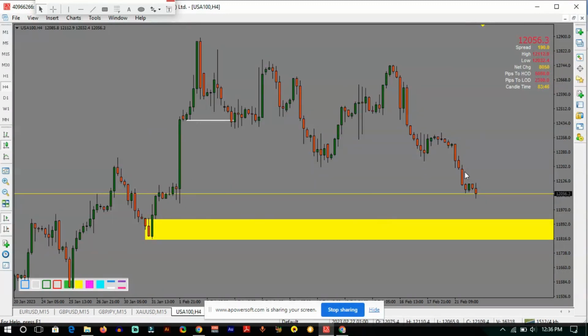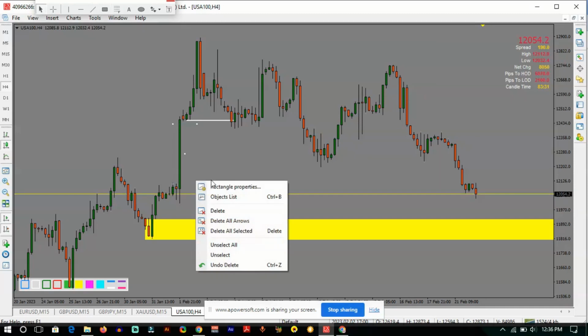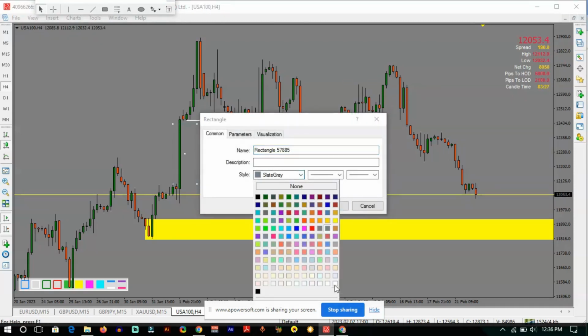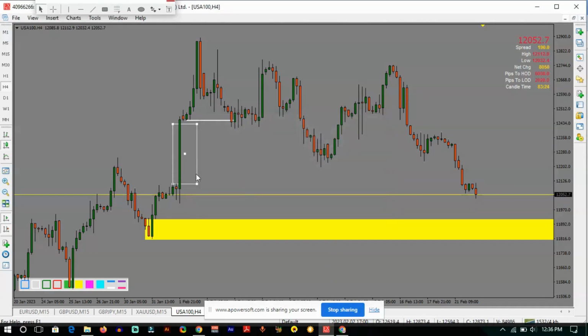So as of yesterday, we identified voids as gaps in the market, to put it simply, or fair value gaps generally.